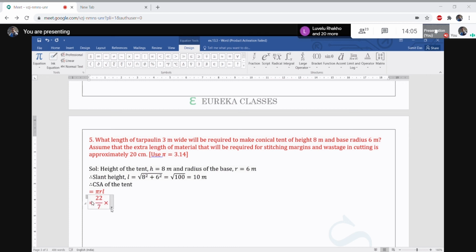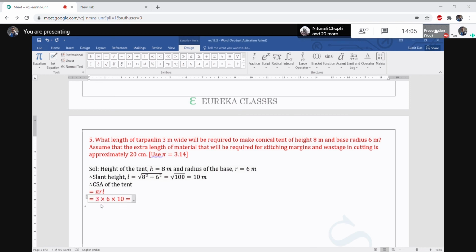R value is 6. L value is 10. If you simplify this one, it will be 6 into 2, oh sorry, here we have to use pi equal to 3.14.